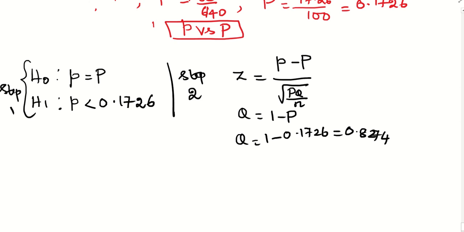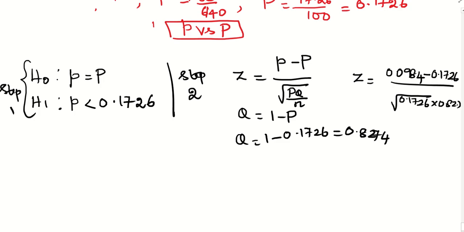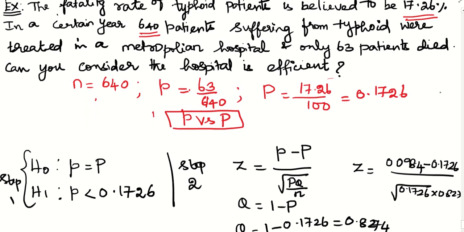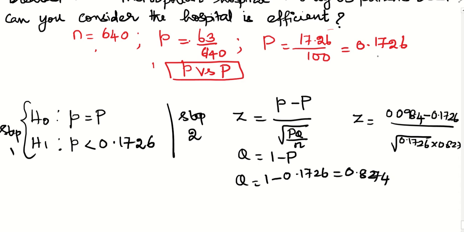Now let us substitute all these values in the formula and we will calculate the value. Z is equal to 0.0984, that is 63 by 640, minus capital letter P, 0.1726, divided by under root of 0.1726 into 0.8274 divided by n, we got it as 640.